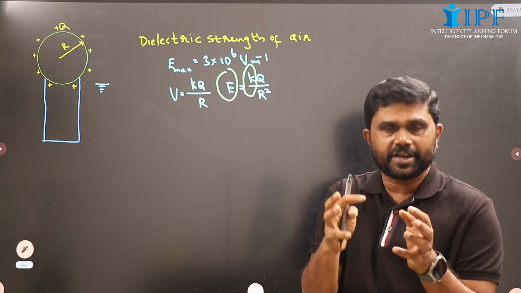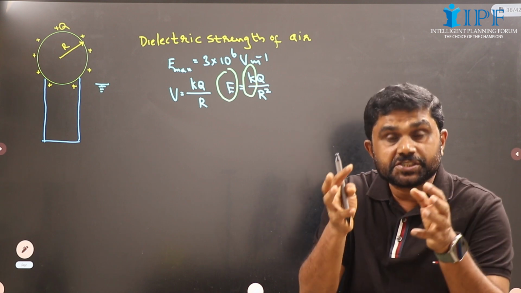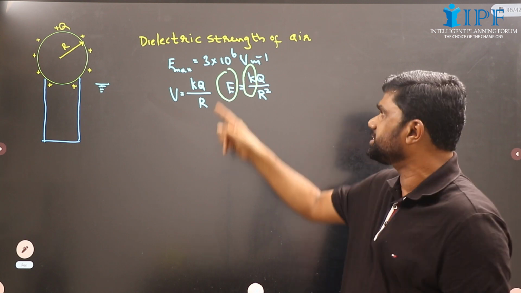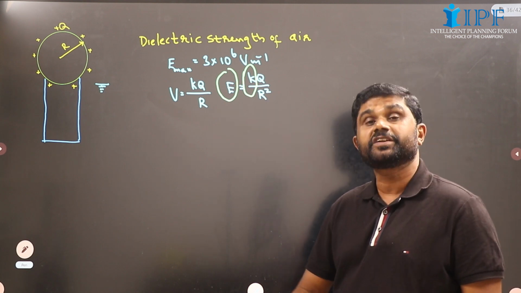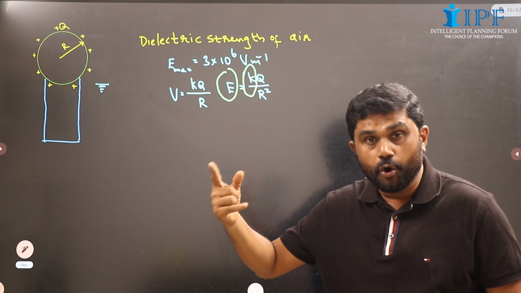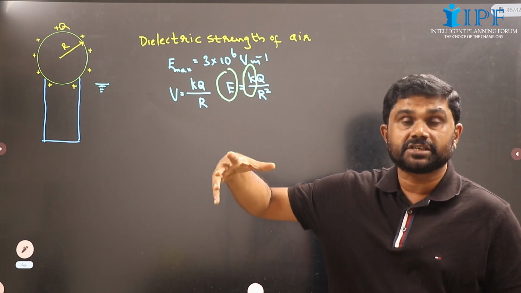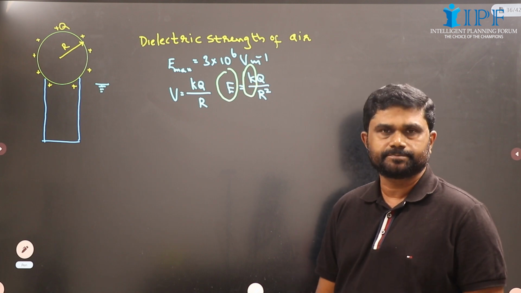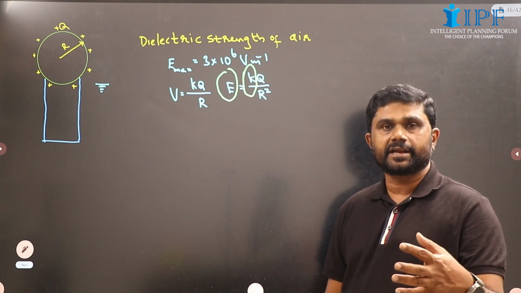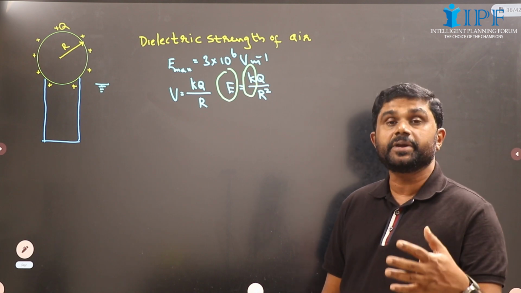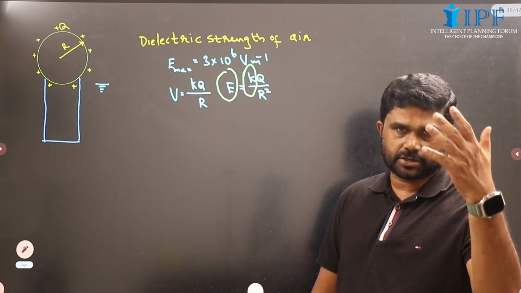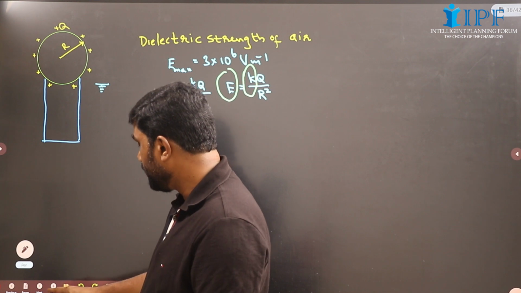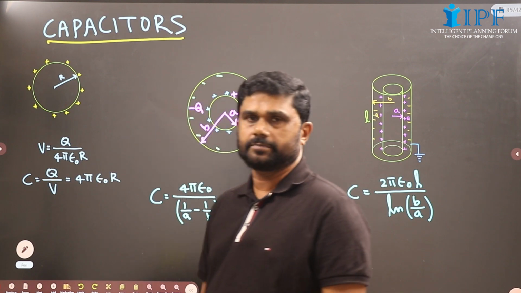For a smaller sphere, a relatively smaller charge can make the field intensity on its surface 3 into 10 raised to 6. So we can say that a bigger sphere will be capable of storing more charge, or its capacitance will be more compared to a smaller sphere.